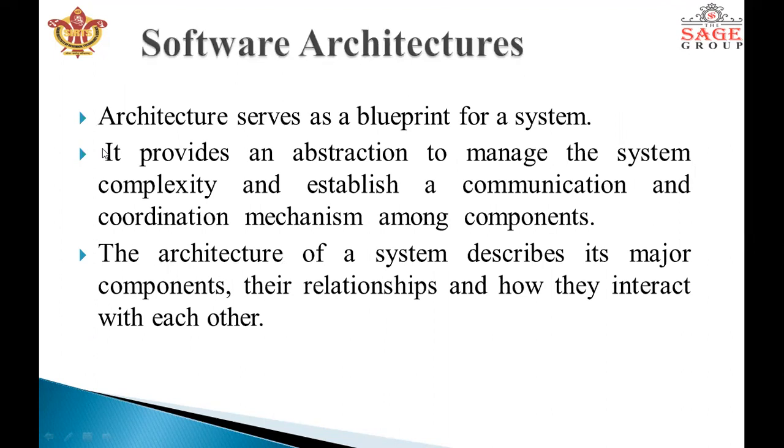The architecture serves as a blueprint for a system. It provides an abstraction to manage the system complexity and establish a communication and coordination mechanism among the components. The architecture of a system describes the major components, their relationships, and how they interact with each other.